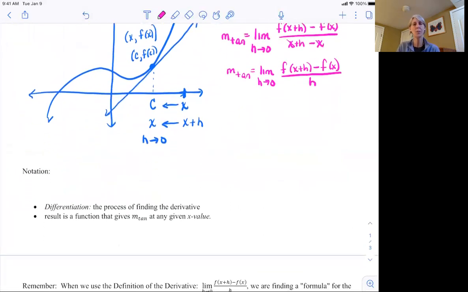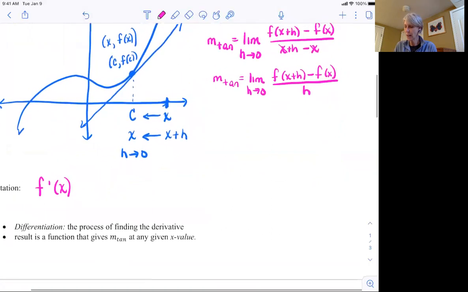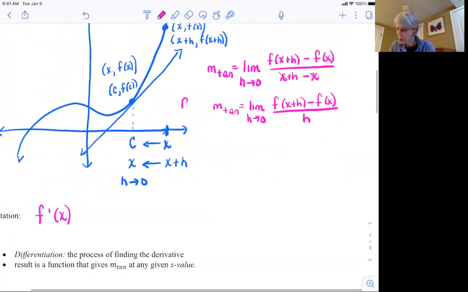The notation we use when we're representing a derivative is f prime of x. So now when we find a derivative or a slope of a tangent line, we're going to remember to use f prime of x in our answer.